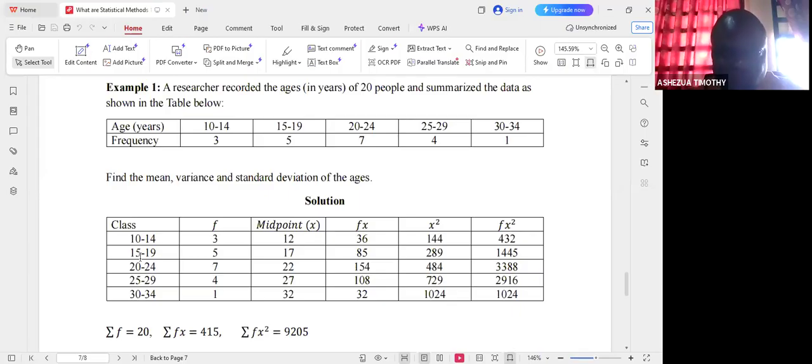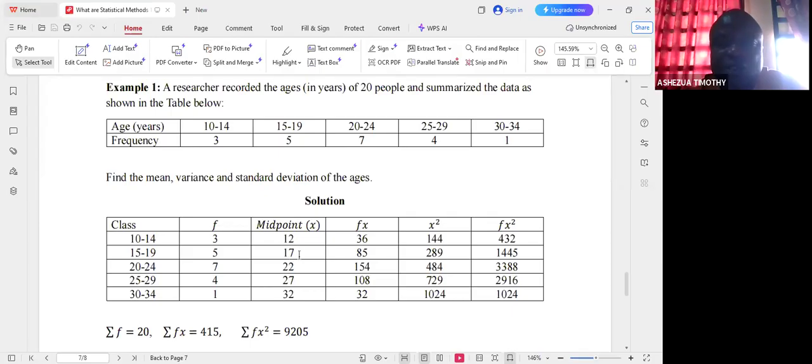Similarly, 15 plus 19 divided by 2 will give you 17. Now, to get the value for F X, you simply multiply 5 times 17, which gives us 85. Now, how do we get this value?